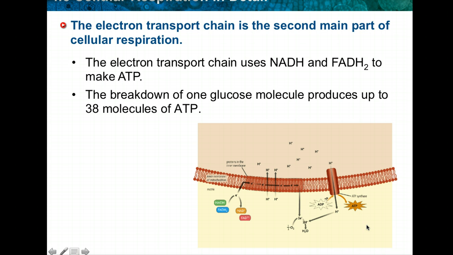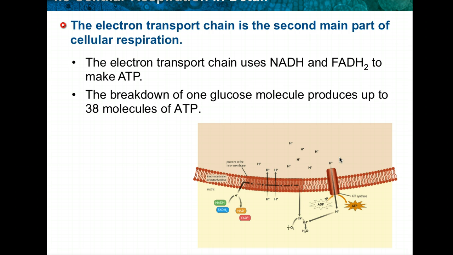You probably are wondering, how the heck does the cell use the charge difference that builds up as a result of the electron transport? The inner membrane of the mitochondria contains protein spheres called ATP synthase, so that's this guy right over here. As hydrogen ions escape through channels in these proteins, the ATP synthase basically spins.